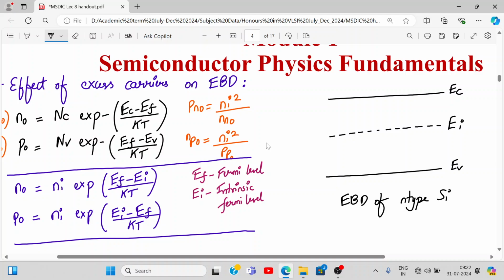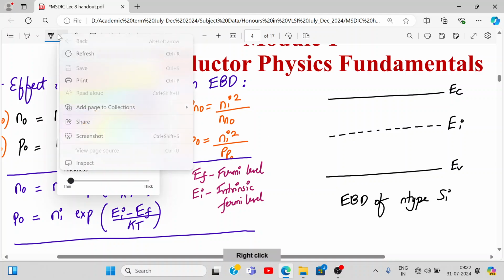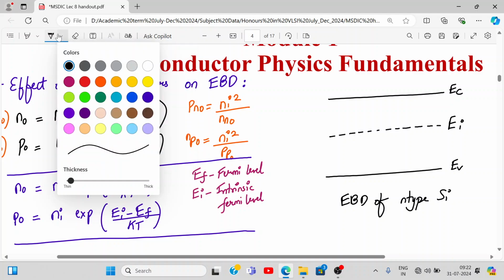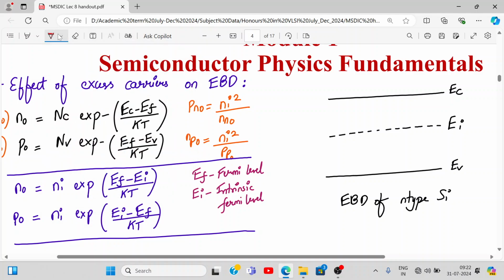Donor level is very, very close to the conduction band, almost. Because how much energy is required for a free electron from the donor level to go to the conduction band? So this is the donor level, for the last time I'm drawing it.